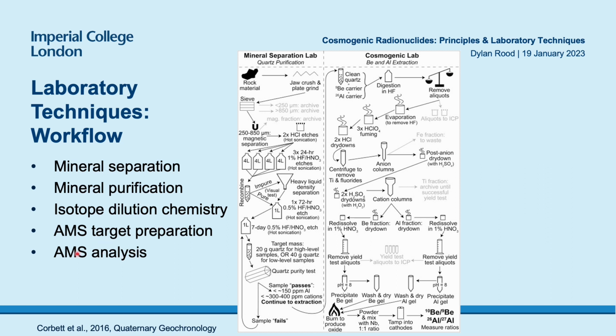The key thing here is quality assurance: at every step along the way, we're monitoring the cleanliness and the purity, making sure that everything we added comes out at the end very pure and quantitatively recovered, because that ensures the highest precision and quality of the analyses to achieve those small error bars.